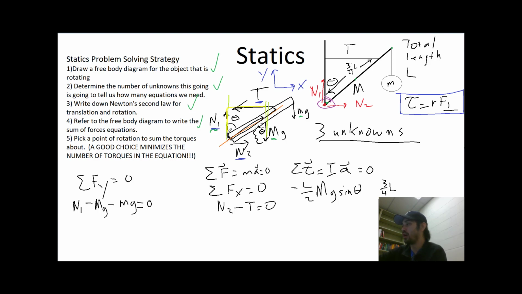This forms a full triangle here, right? And we know that the angle is theta right here. So the question is, what is the angle here? We can figure out what this angle is by saying that it's 90 minus theta, right? Which means that this angle is 90 minus theta.